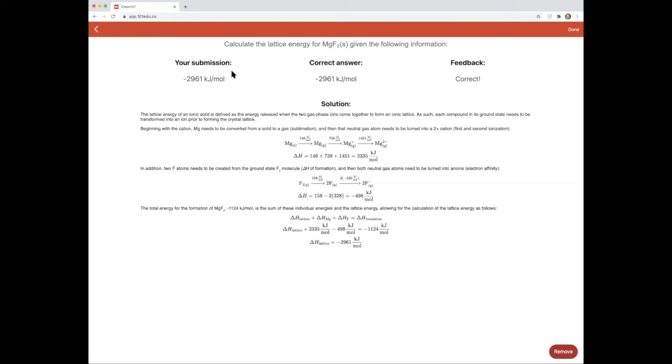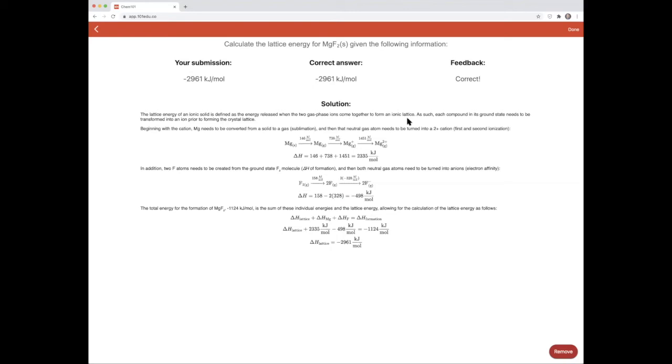It says we're correct, but here's the difference, and here's the reason why you have to express it as a negative number. It's because Chem 101, for whatever reason, defines lattice energy differently than I do when I teach it. They define it as the energy that is released when the gas phase ions become the solid crystalline ionic lattice. So they're going in the other direction.